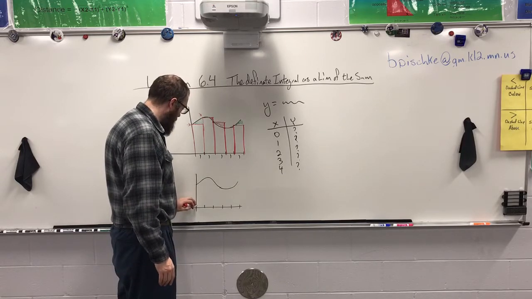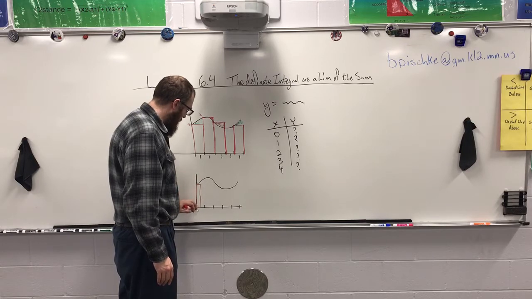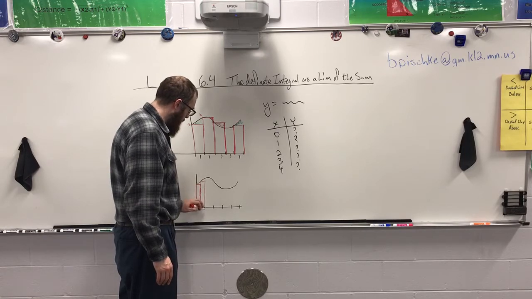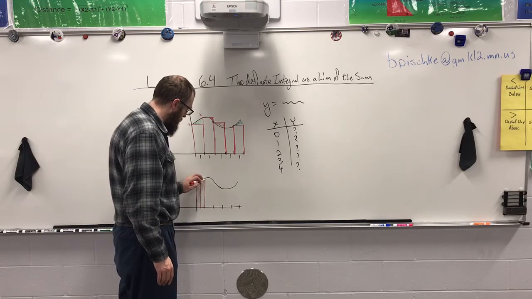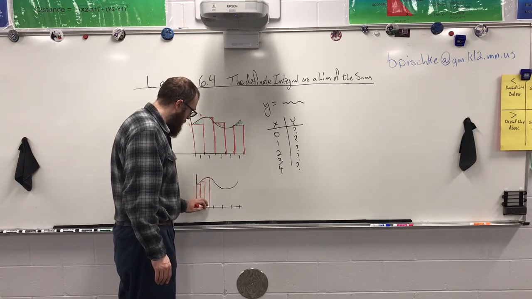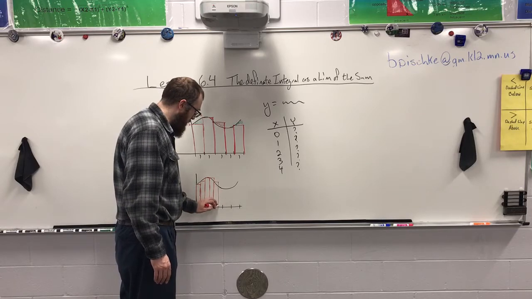I'm still going to have this rectangle here, only it's half as big. And the next one shoots up from that point, and it's half as big. And the next one, and the next one, each half as big.